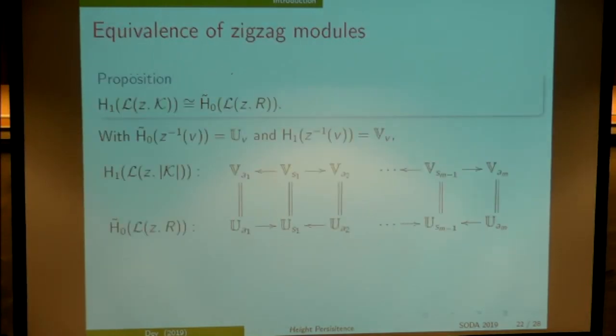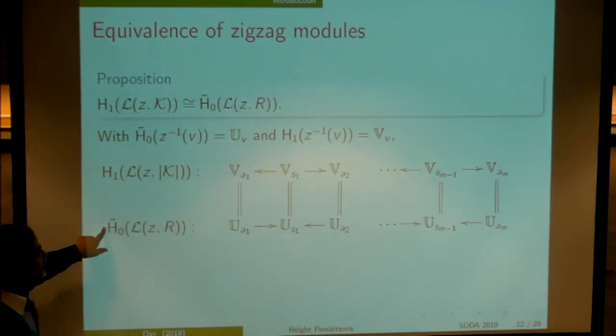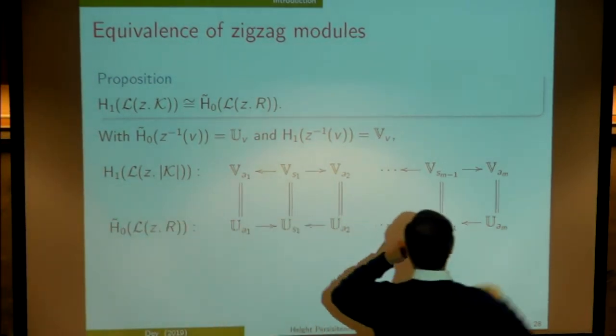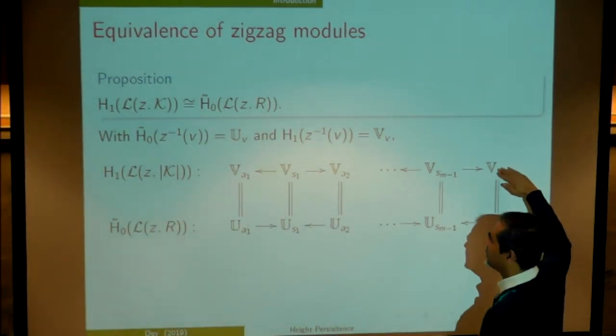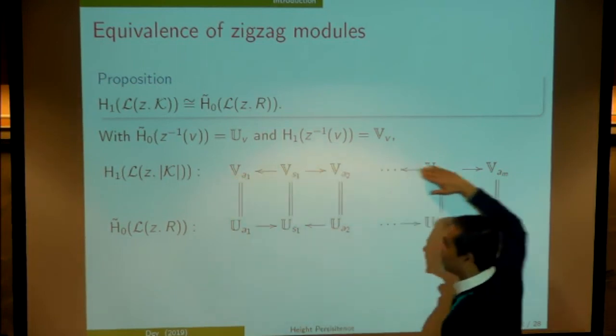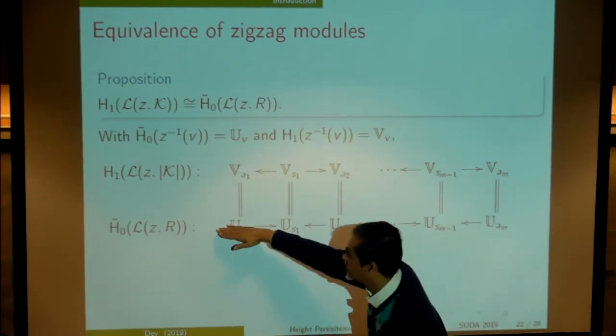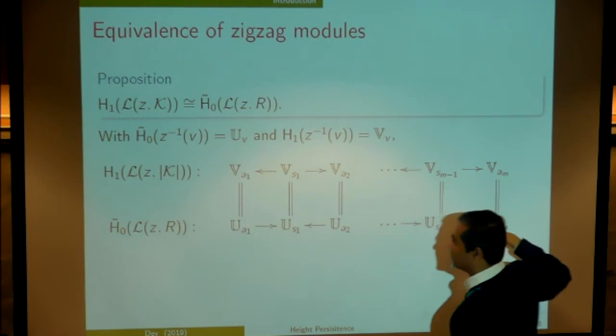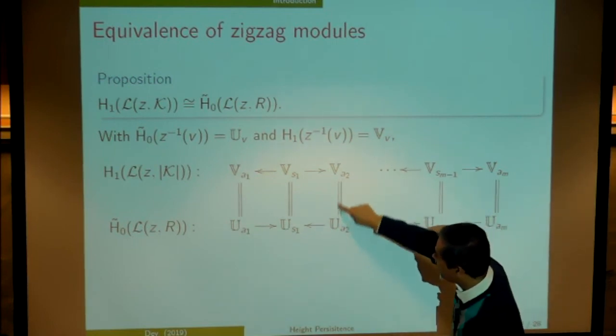Once you have done this, you have converted the barcode graph with the threading to a new graph, and then you consider the reduced homology group here, and you can show this thing is true. So this is the zigzag level set persistence for the complex, and this is the zigzag persistence level set for the graph, and all these are isomorphisms here.